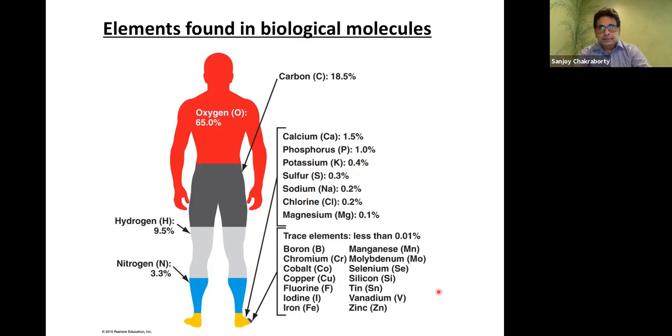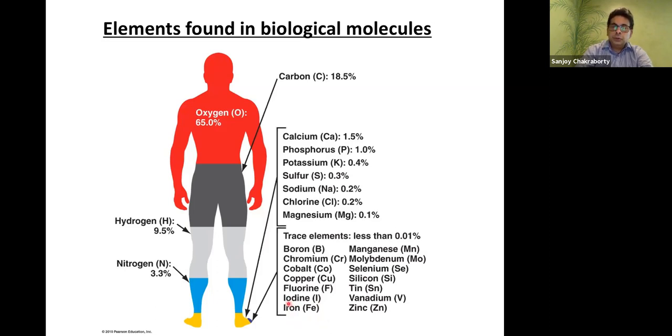But here's one very important thing I want you to understand. Trace elements means we have less than 0.01% of our body weight, but that does not mean we don't need them. For example, if we don't have iron, we are not going to make blood in the body, for one thing. There are several other things you will not be able to do.